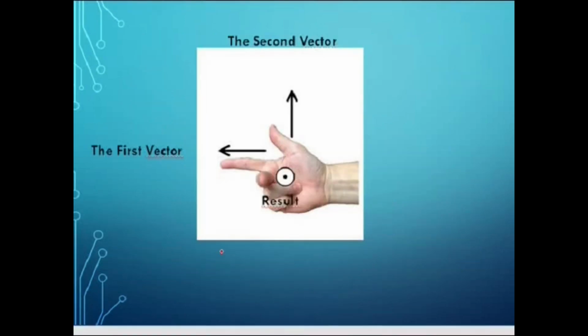The first vector, the second vector, result. This symbol denotes the vector has direction out of the page or the screen.